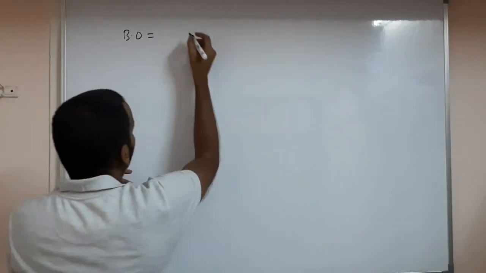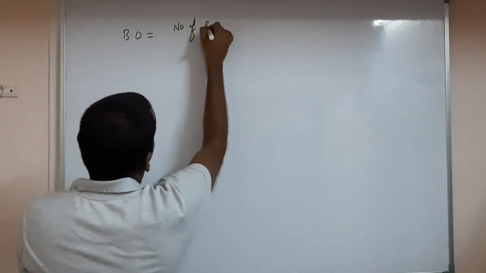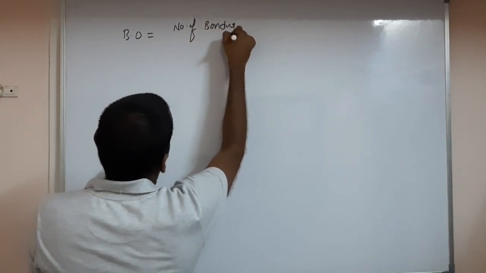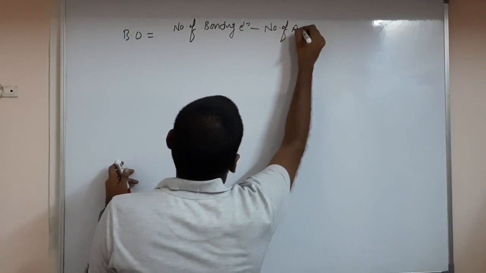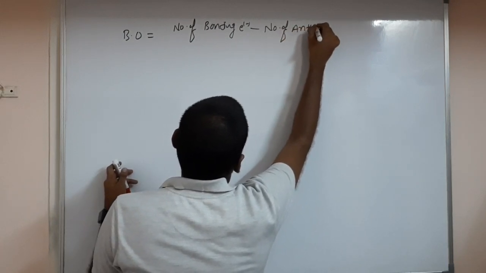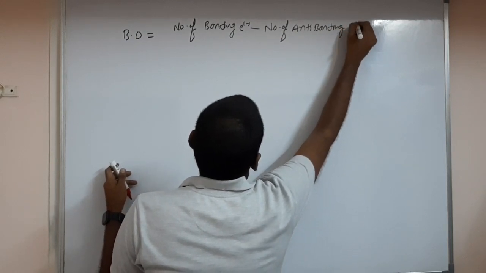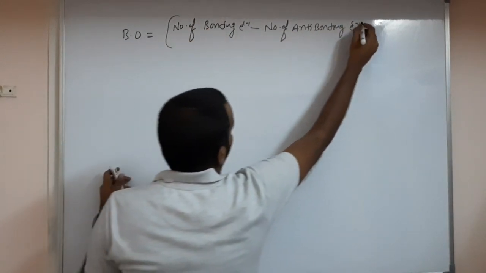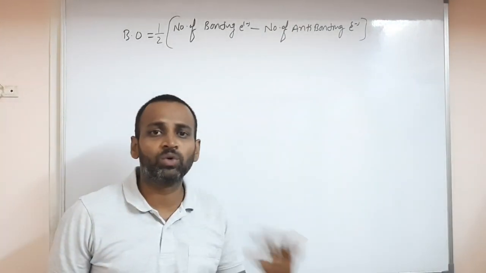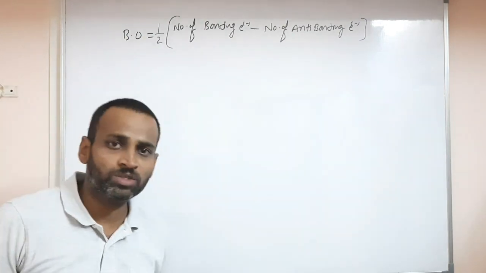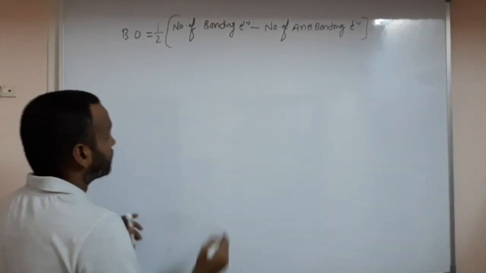Bond order has a formula: number of bonding electrons minus number of anti-bonding electrons, divided by 2. Bonding electrons means without star, anti-bonding electrons means with star.